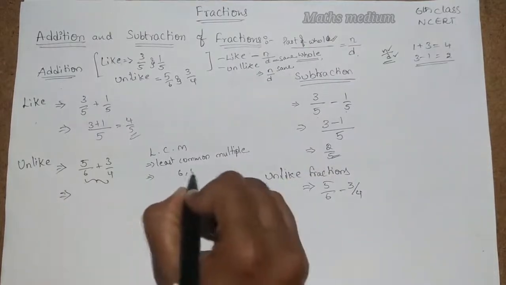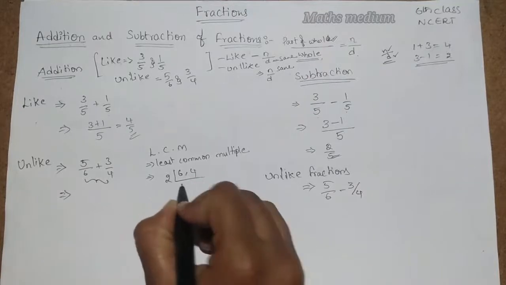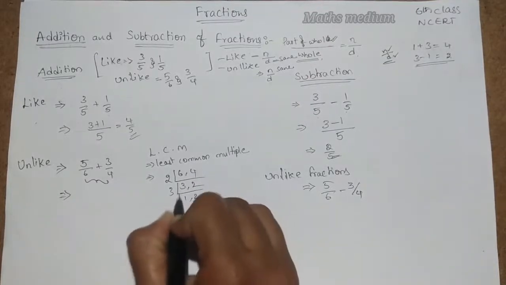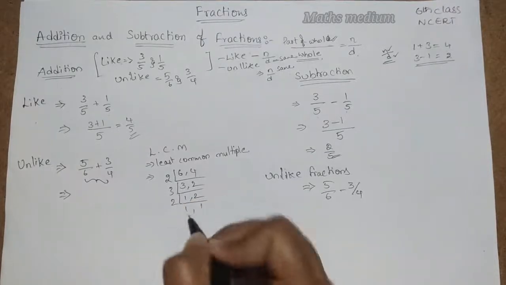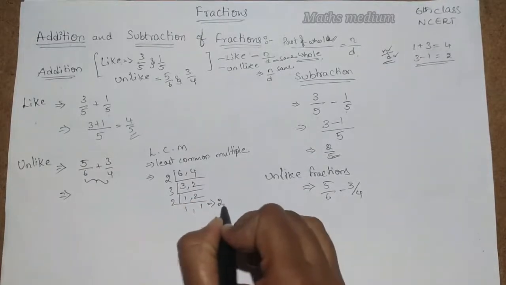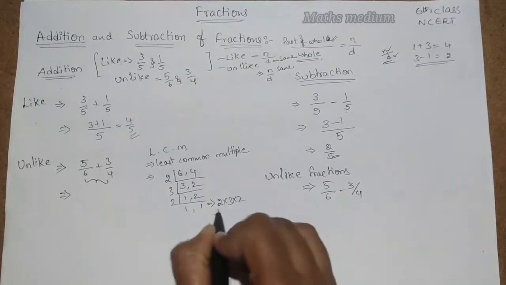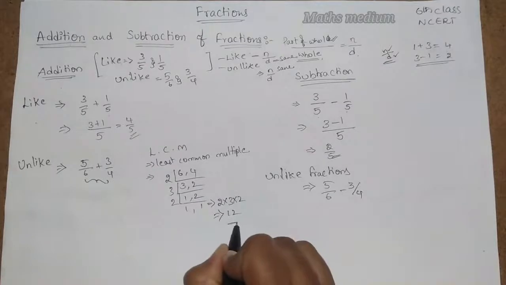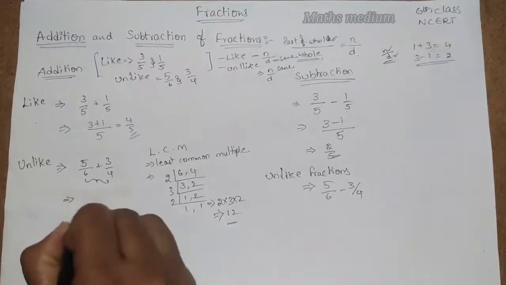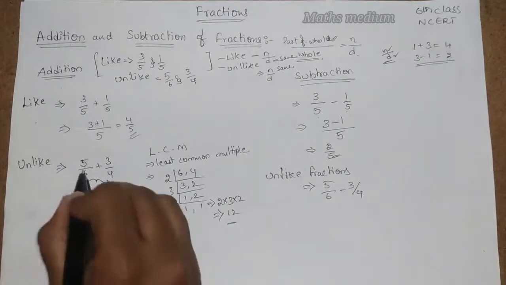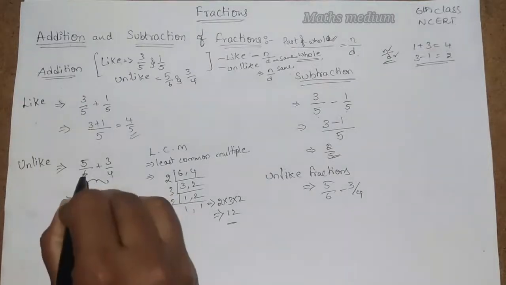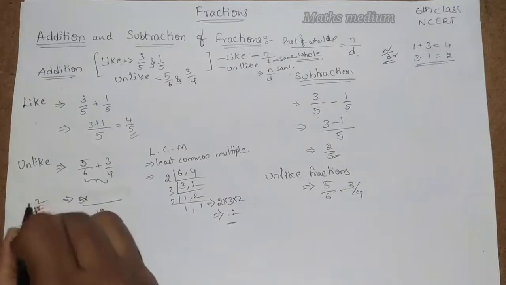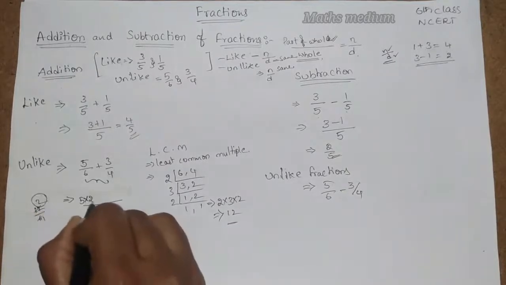So take 6 and 4. 2 3s are 6, 2 2s are 4. So it is going to be 2 into 3 into 2. 3 2s are 6, 6 2s are 12. So here we got the LCM as 12. Now let's take the LCM as 12. Now 5 into, how many times does 6 divide 12? 6 2s are 12, so 2, that amount into the numerator.